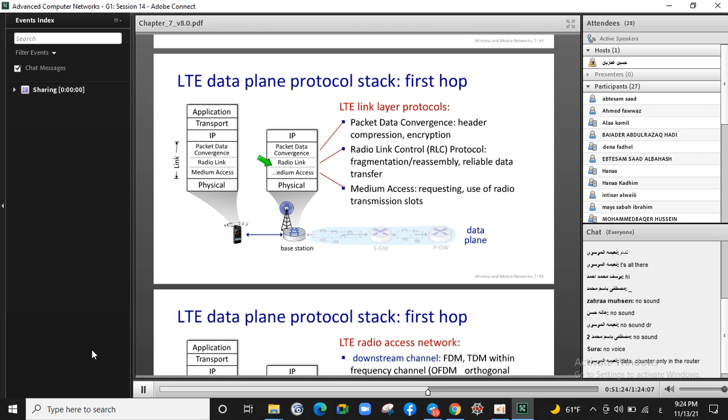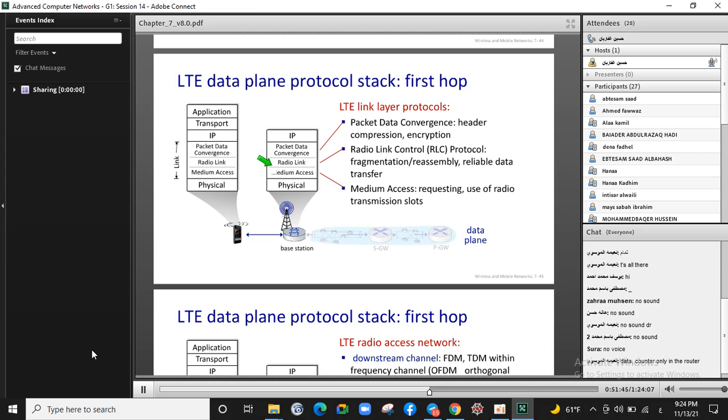This is one of the main differences between different generations of cell phones: how I should create and manage those radio links. I should control it.